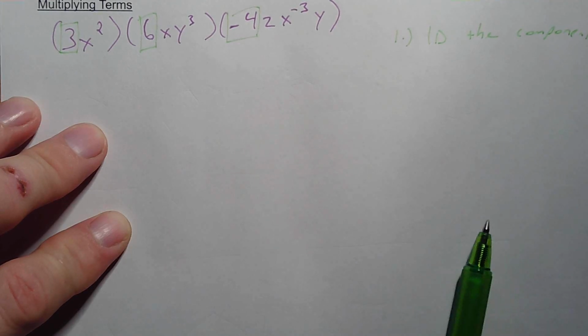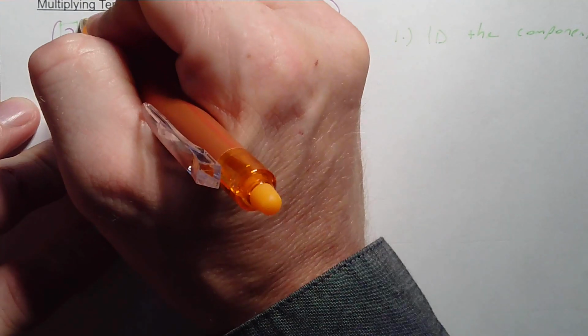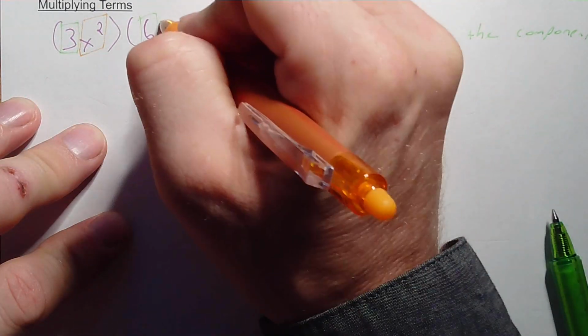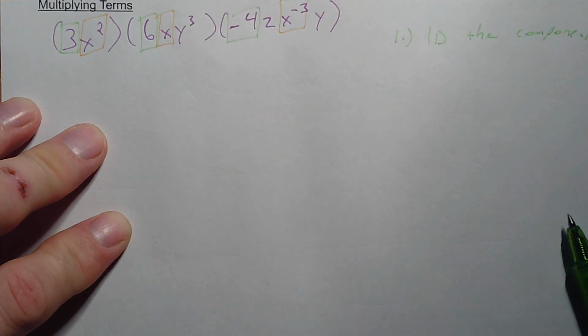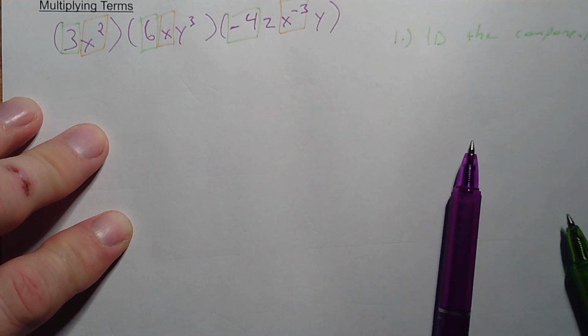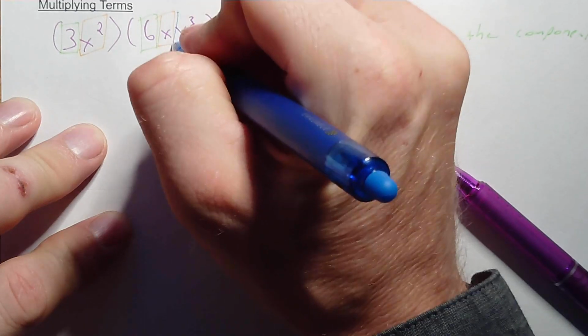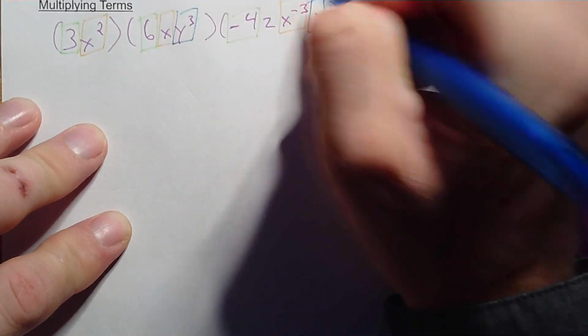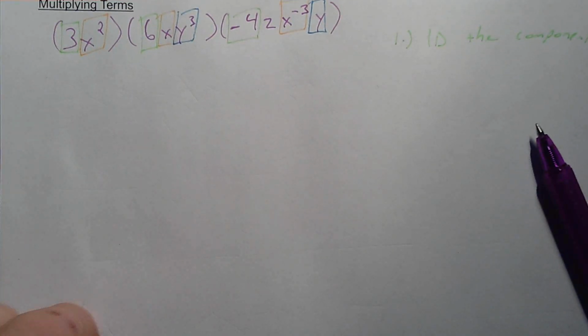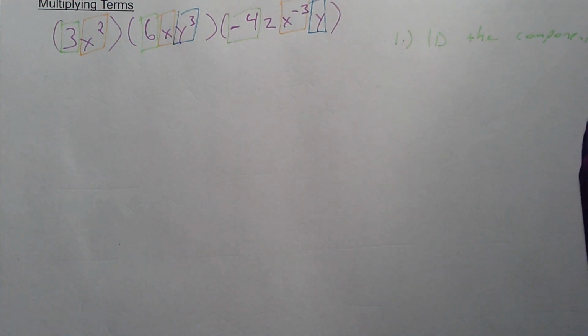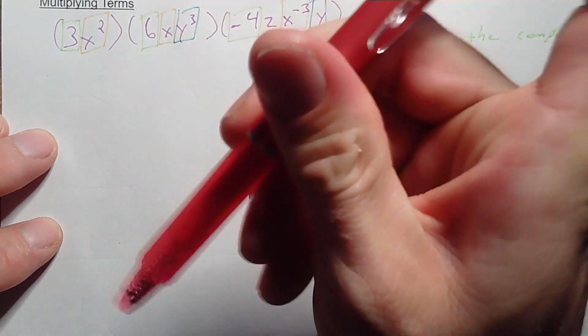Then we have our different variables. X's, Y's, and a lone Z.